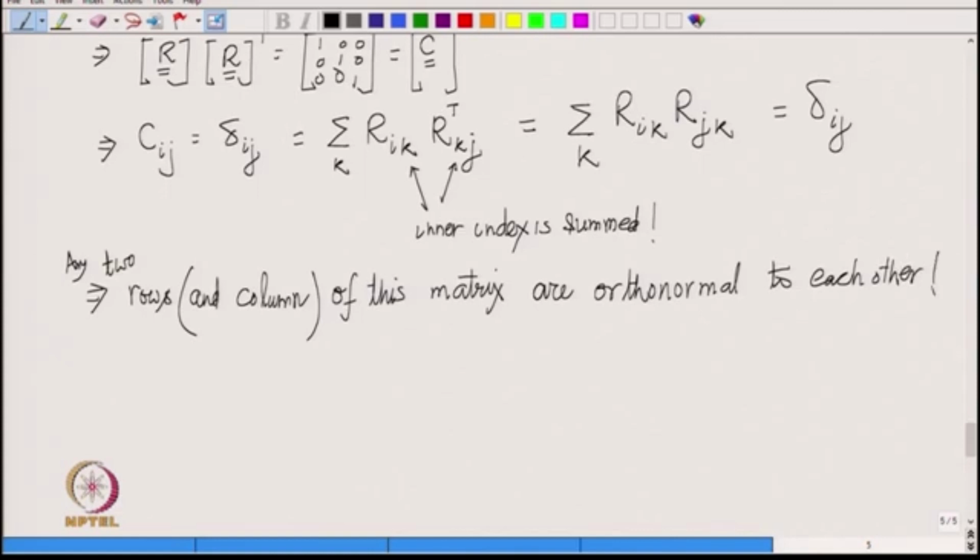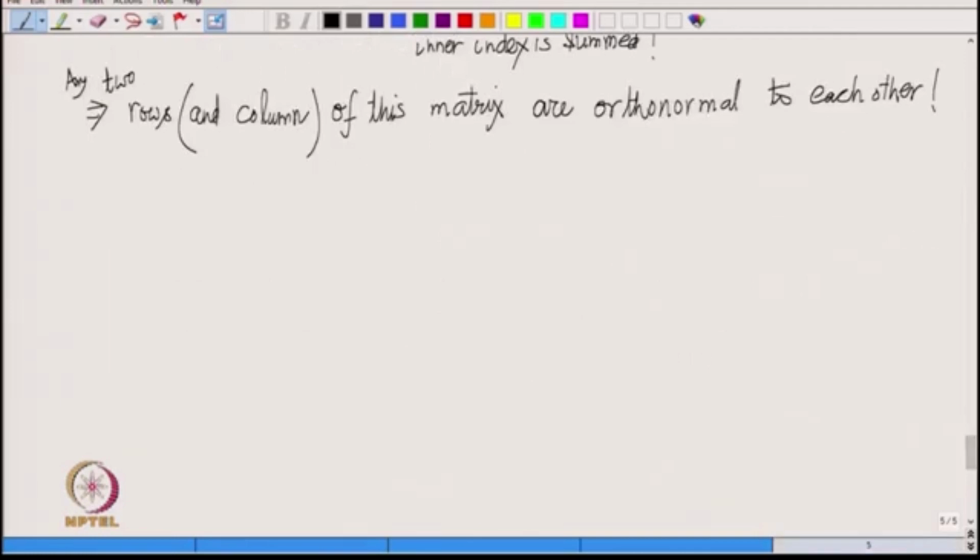So, basically if the two rows are different, it is 0, if the two rows are the same, it is 1. So, that means orthonormal: ortho for perpendicular, normal for normalized to 1. Okay. So, that is about the rotation tensor.